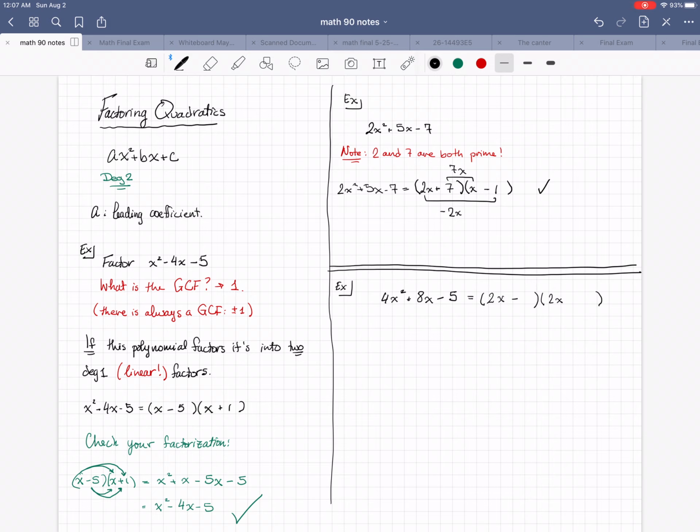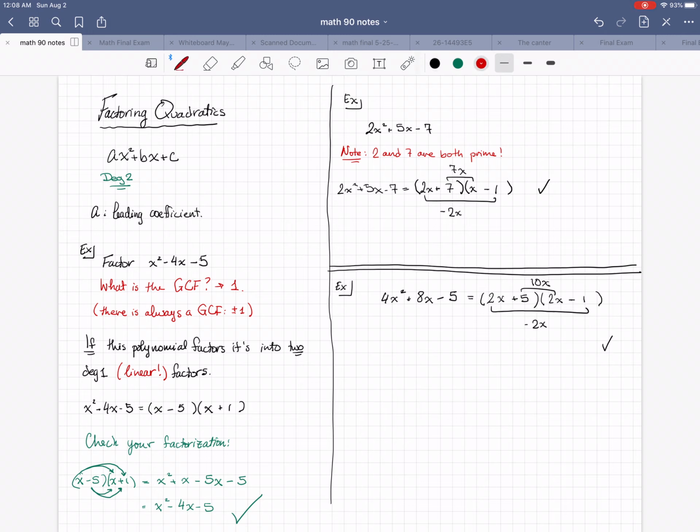So let's try plus 5 here and minus 1 here. Sure enough, if we check it, 2x times minus 1 is negative 2x. And 5 times 2x is positive 10x. And so then when we combine those, we get positive 8x. So sure enough, this works out.